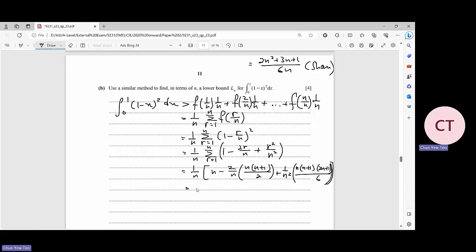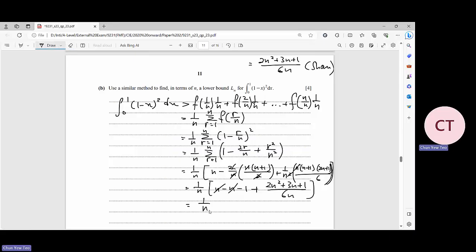Okay. Then after that, we simplify first. N minus 1. Then this n, we cancel it. You get plus 2n squared plus 3n plus 1 over the 6n squared. This one can cancel off. 6n, no n square. This is 6n because the n already cancelled, 6n only.